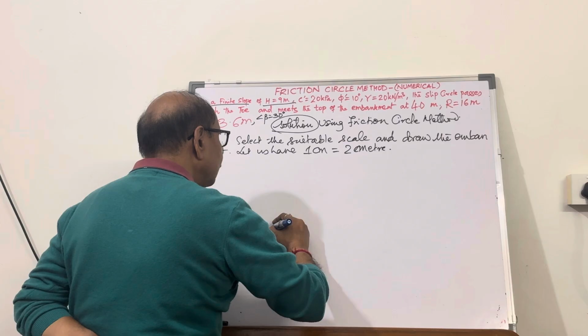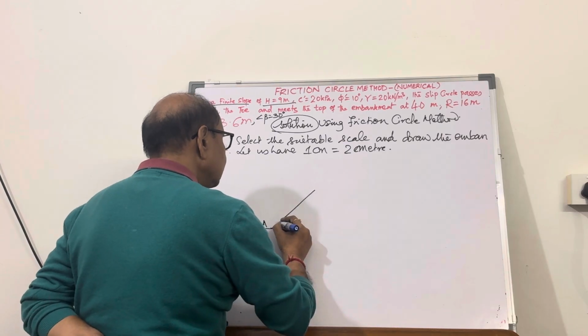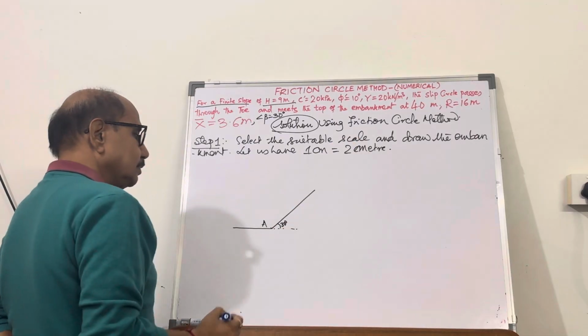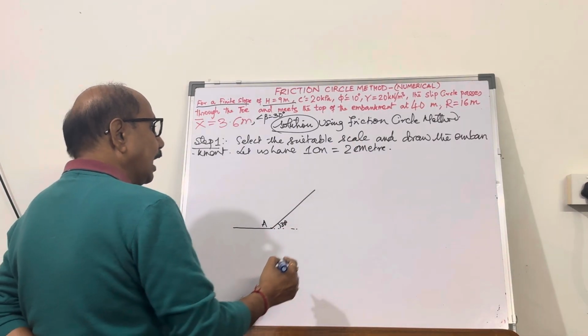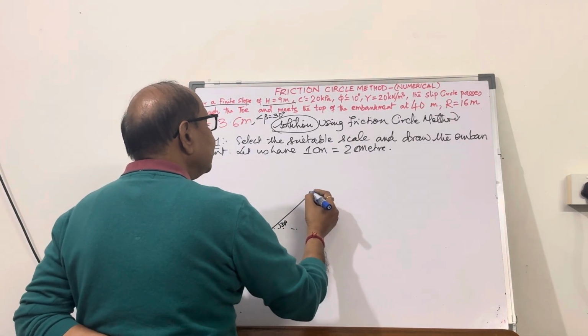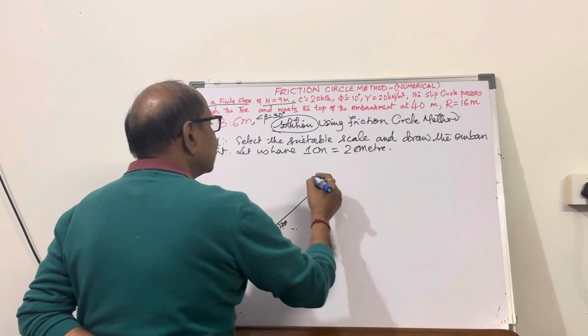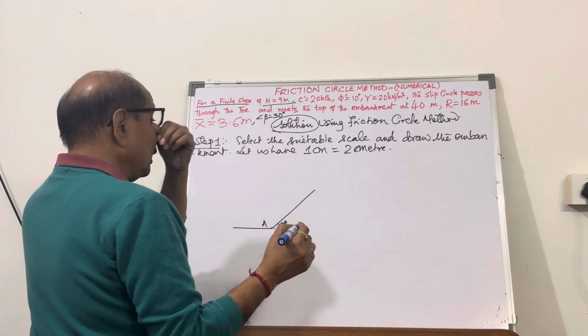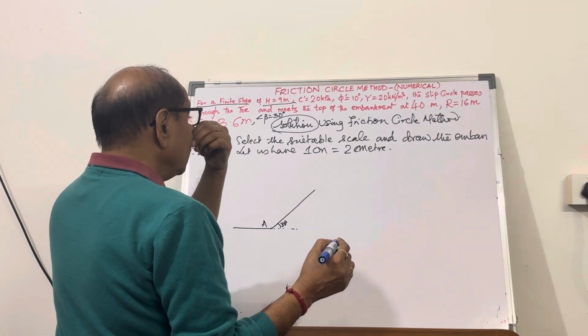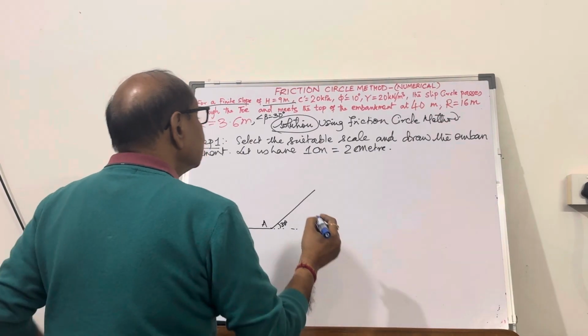So at an angle of 30 degree, you can draw the line. And the height of the slope is given to you as 9 meter.